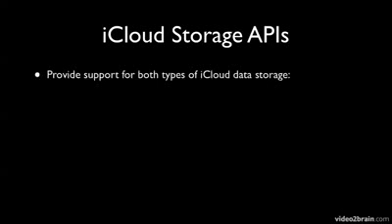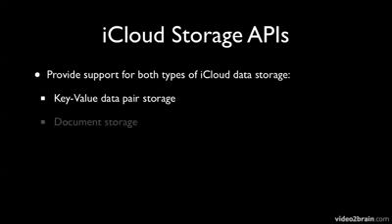Now, the iCloud storage APIs have also been added in iOS 5 to support iCloud in our own applications. They provide support for both types of iCloud data storage, both key-value data pair storage and document storage.